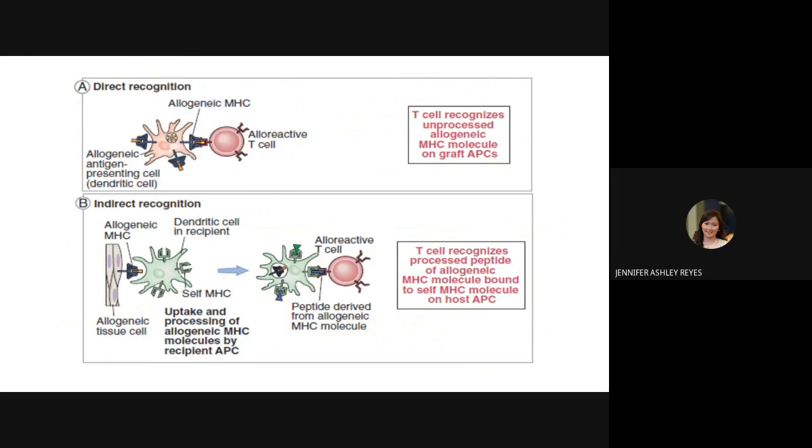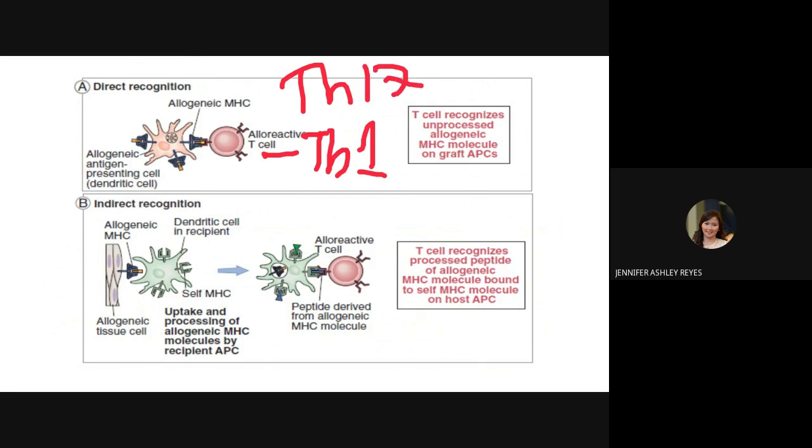So the T cells of the host, once they encounter the donor dendritic cells, will now recognize those allogenic molecules and will proliferate and become TH1 subset. Pwede ring TH17.